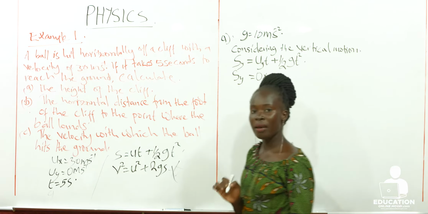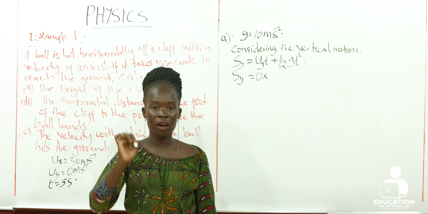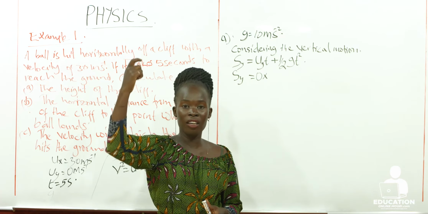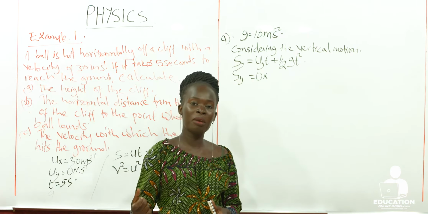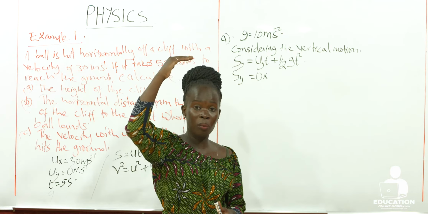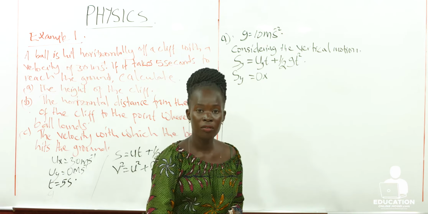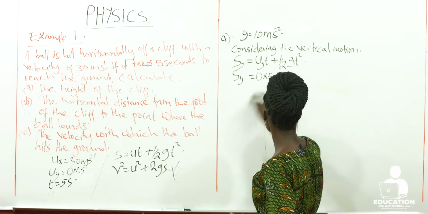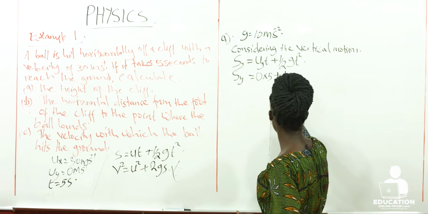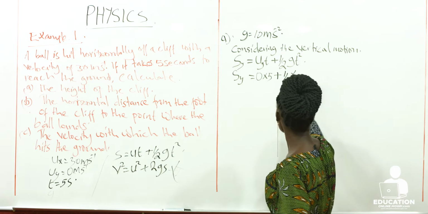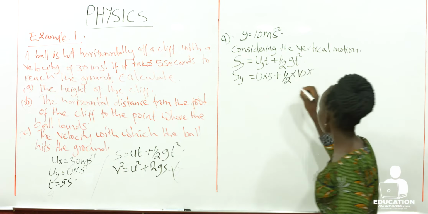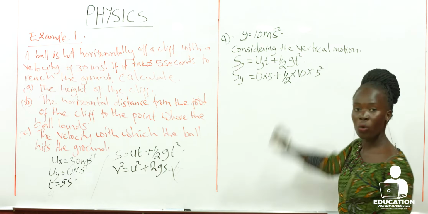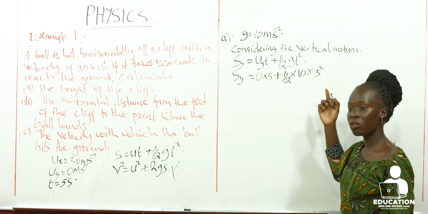It is the time from the top of the cliff up to its foot. That's why we're considering it as the 5 seconds there. So we shall write it right here, plus a half times the acceleration, which is 10, times the time, which is 5. But don't forget to square it, because here our t is squared.